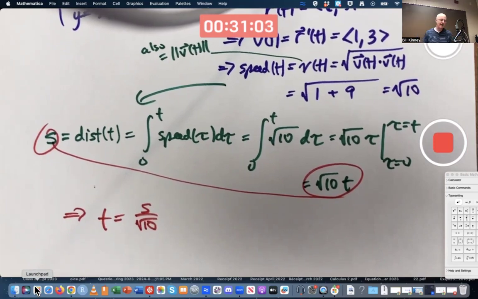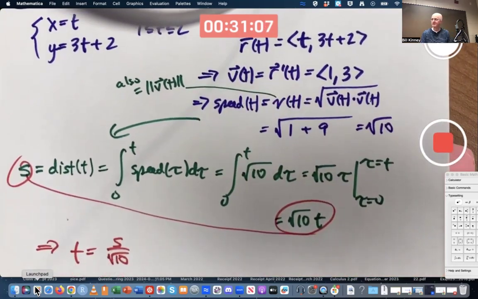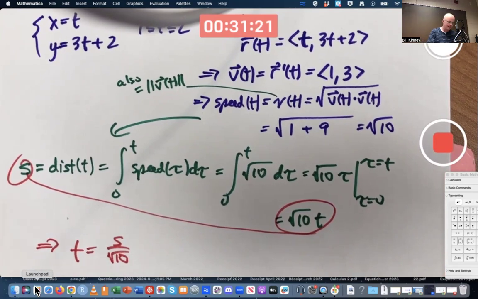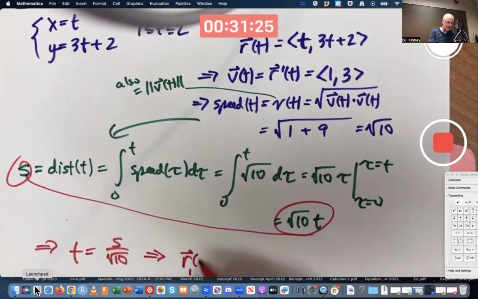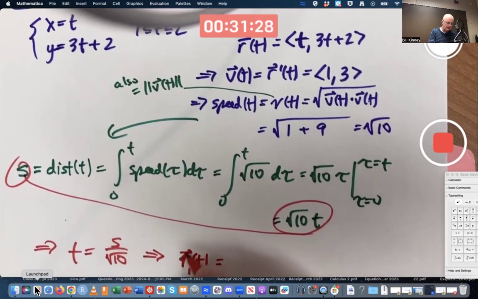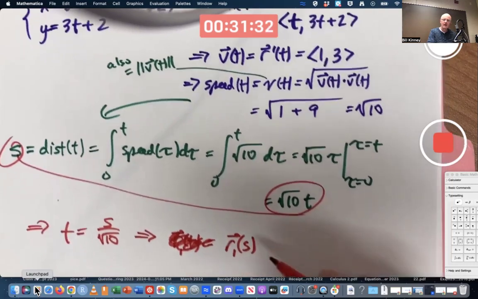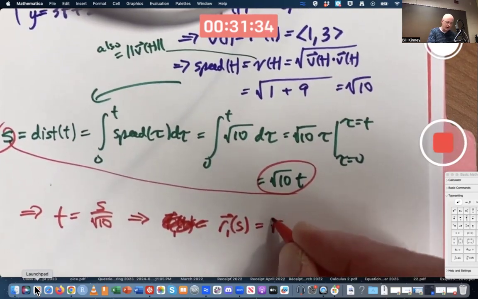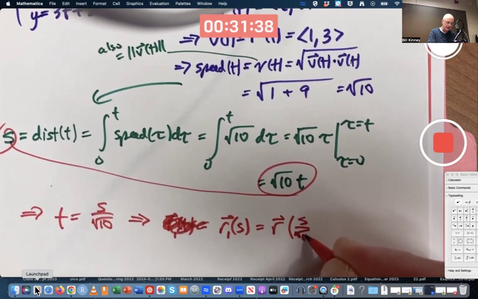We can then use that along with r of t to find a parameterization by arc length. This is the method. We can now use this to create a new function, I'll call it R1 of s, by using the original parameterization R of t and replacing t with s over square root of 10.